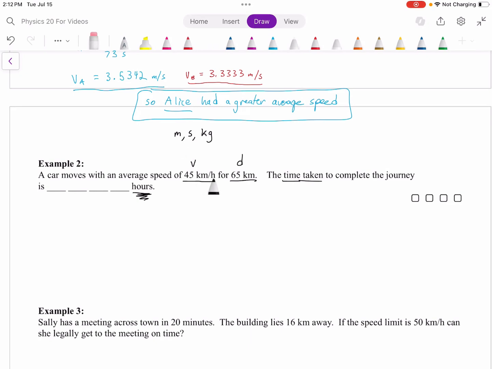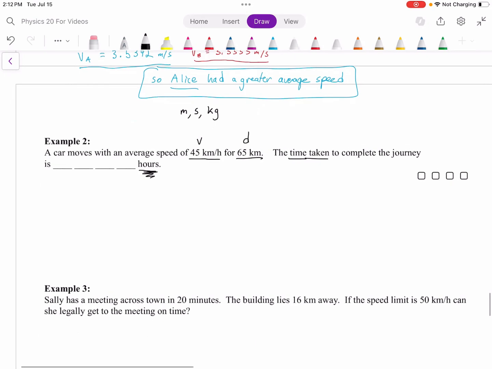Hours, of course, a measure of time, but we would typically want to convert them to seconds. However, in this case, we are okay to not convert because our units are all going to play nicely with each other, right? We have kilometers per hour, and we want our time to be in hours. So we'll do our unit check, of course. We'll make sure that it all works out, okay? But in this case, we're actually going to be okay to not convert units.